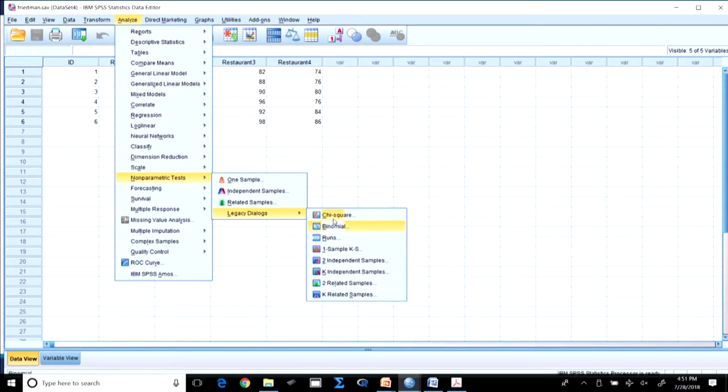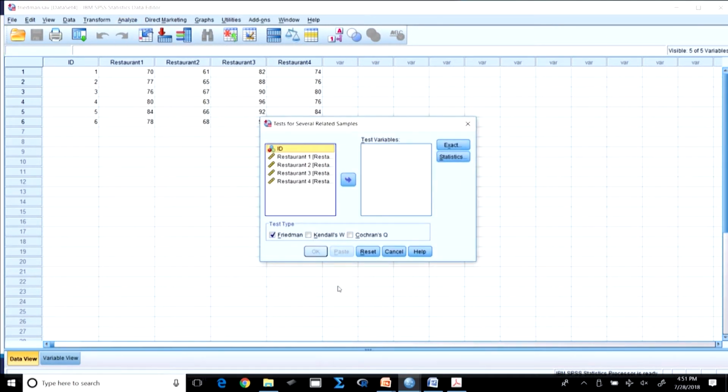If you use your logic here, I am using k related samples, they are not independent, they are related, same people, right. So I am taking all the 4. Now, Friedman's test is the normal choice when you take several related samples, right.